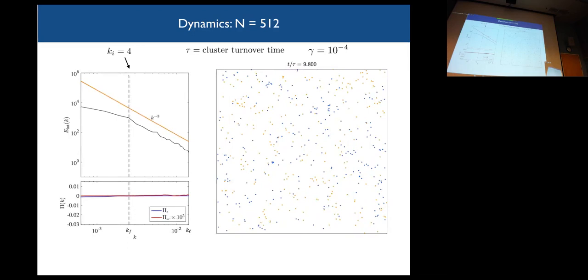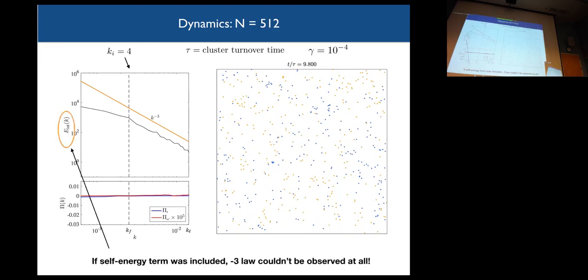It's not over a huge range, but it looks like this might be the thing we're looking for. And I'll just point out, I've only plotted that interaction bit there, and what we actually found is if you included the full spectrum, you couldn't see any of this at all because it was completely swamped by that 1 on k behavior.